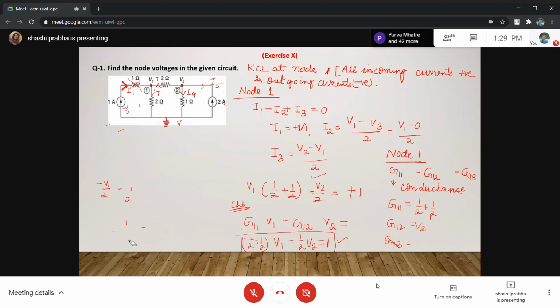So how many voltages are there? V1 and V2. So write voltage 2 times. Write this voltage V1 and V2. Which node are you taking as a reference? Node 2. So V2 will be positive and V1 will be negative.